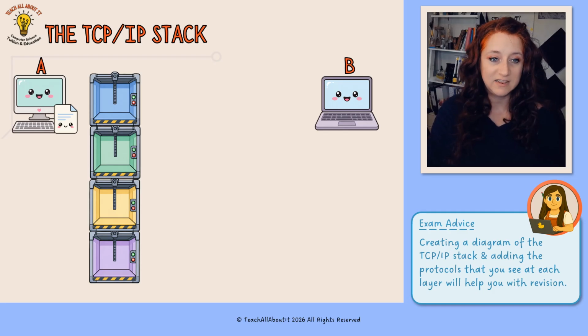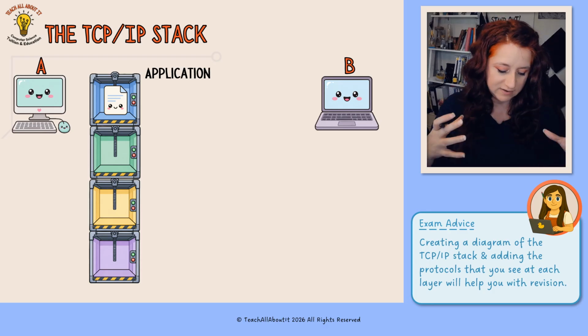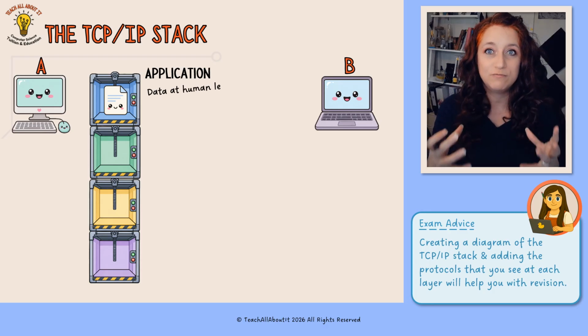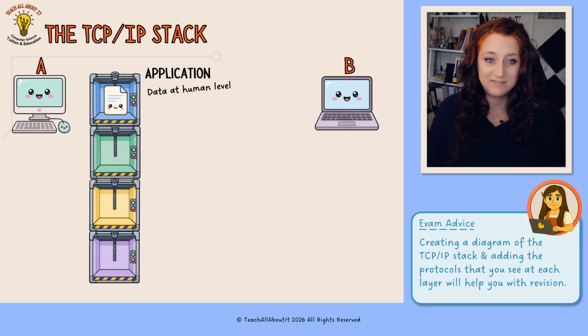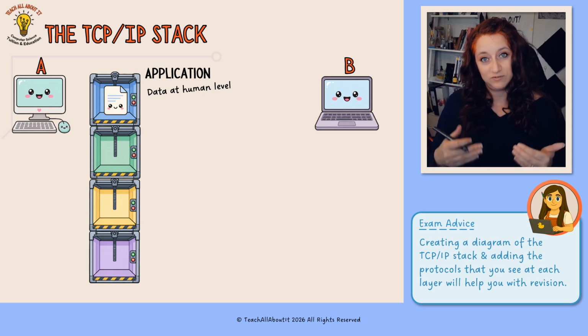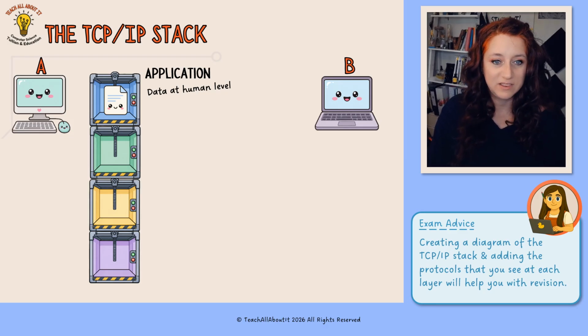At this stage, you've got the application layer. The application layer is where you can actually take data and it looks correct to the human. If it's going from the human into the stack, it's going from the humanistic version into something which is more digital. So this is where you have things like HTML.